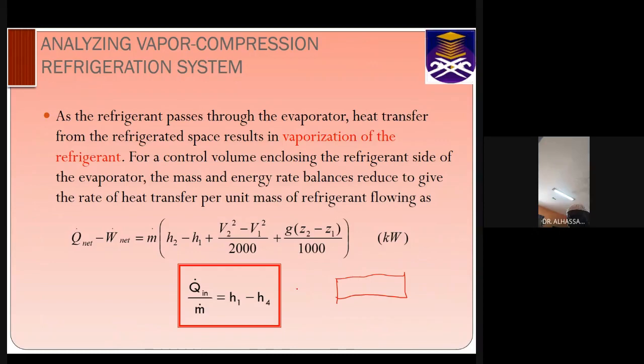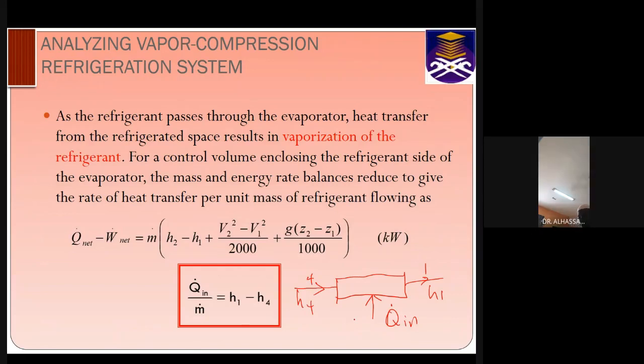This is the fluid coming from state 4, and it leaves at state 1. Here we have Q in. So if the enthalpy at state 4 is given by H4, and the enthalpy at state 1 is given by H1.